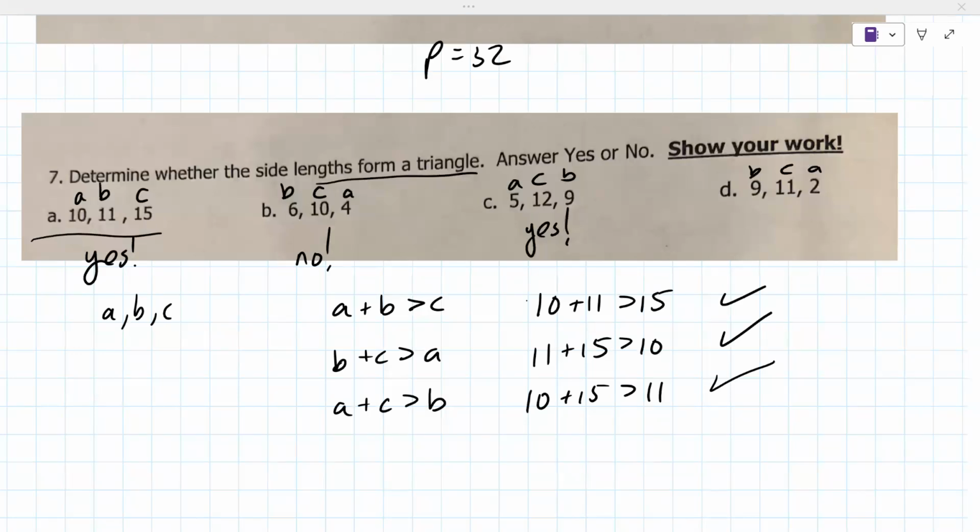The last one is no. I agree. Okay. The next grouping of problems is actually based on this.